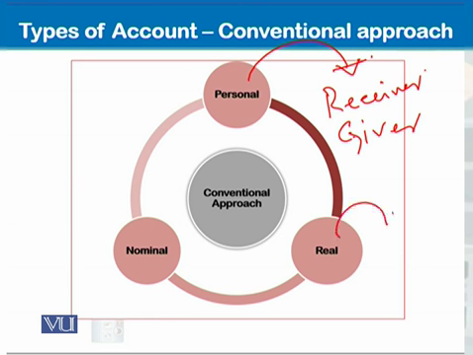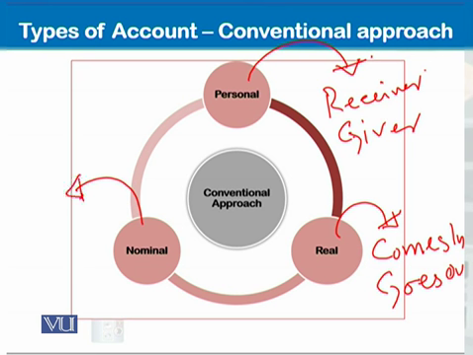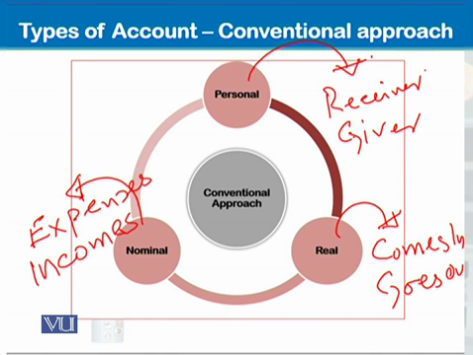For real accounts, the criteria was what comes in and what goes out. And for nominal accounts, the criteria was that nominal accounts were segregated into expenses and incomes.